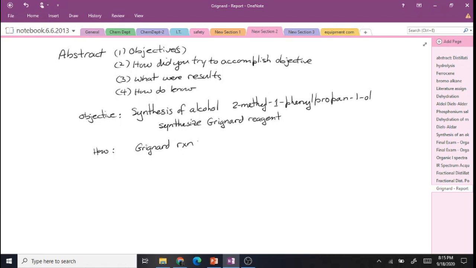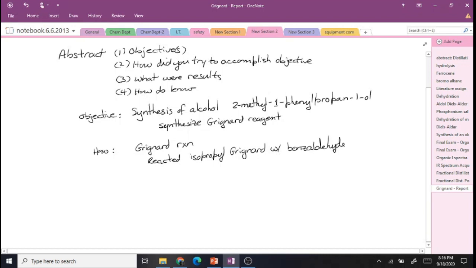So for example, to make the alcohol, you reacted the isopropyl Grignard with benzaldehyde. So we don't simply say a Grignard reagent with an aldehyde, we name the specific ones.